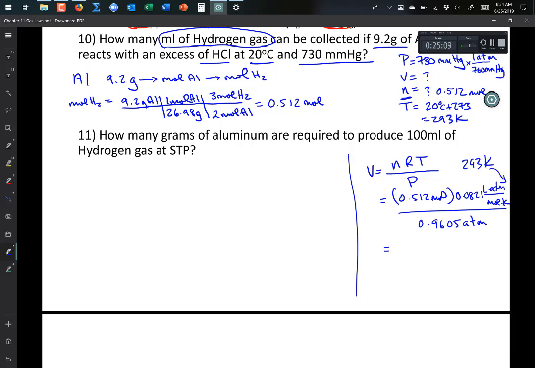Yeah, that seems reasonable. 12.8 liters. Okay? And, just for form, the Kelvin canceled here, the moles canceled here, the atmospheres canceled here, and I'm left with liters.